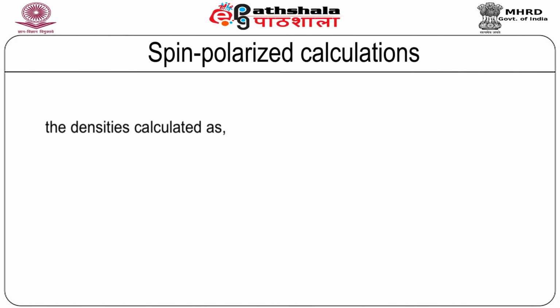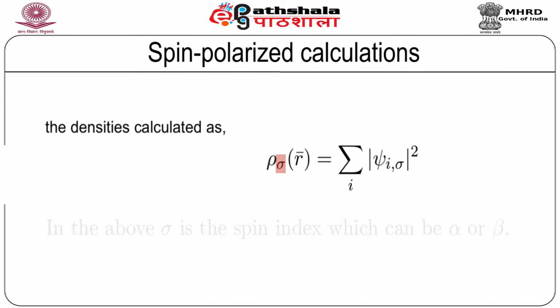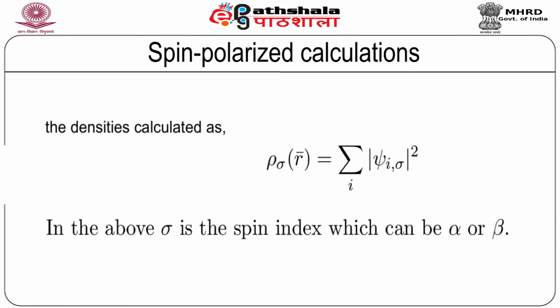And the densities, for the alpha spin channel or the beta spin channel, given by rho sigma, is the summation over i modulus psi i sigma squared.